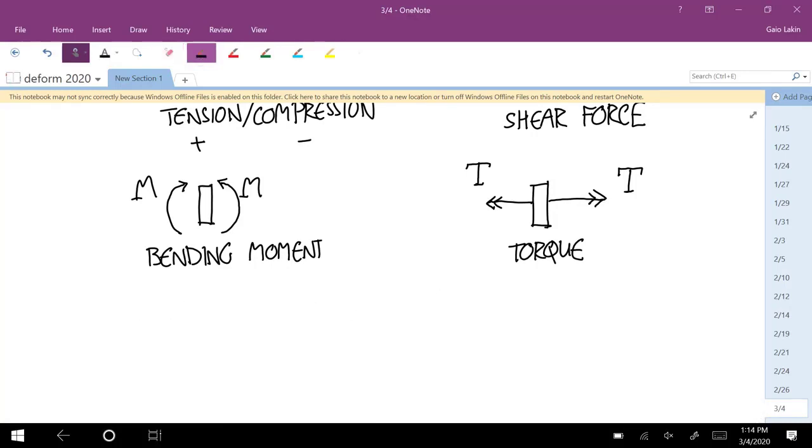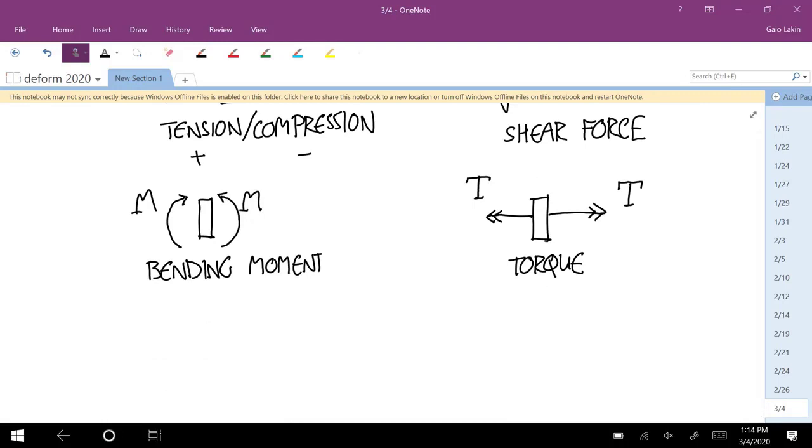And then step 2, we are going to expand, so we're not just calculating it at a single point along the beam, but we're calculating these internal loads as functions of x as you go along the length of the beam.